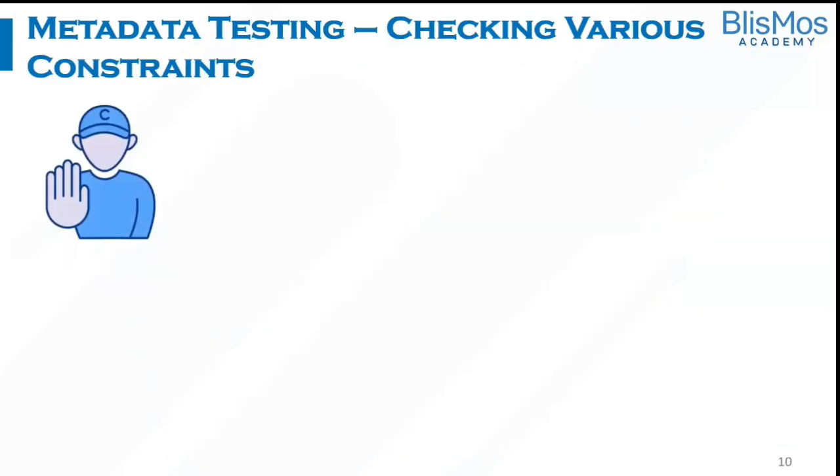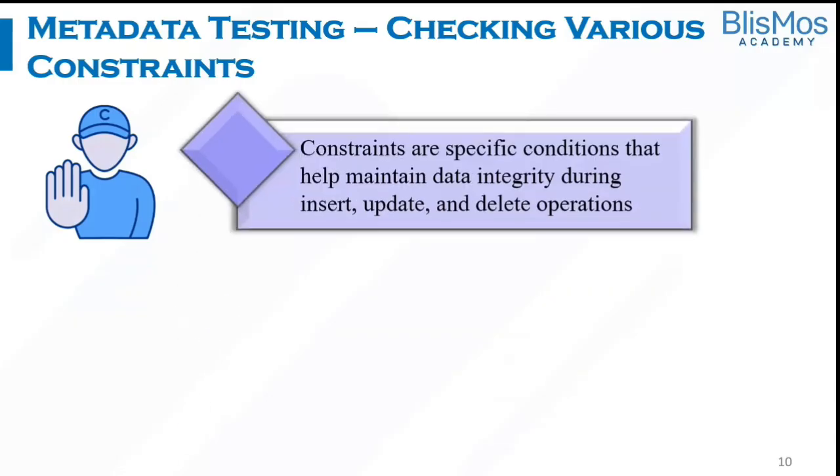Apart from the type check and the length check, we also need to validate the constraints which are mentioned as a part of the mapping document. We have covered what constraints are in the earlier videos. If you want to check, please check our videos on constraints. Constraints are specific conditions that help us maintain data integrity while inserting, updating, and deleting the data.